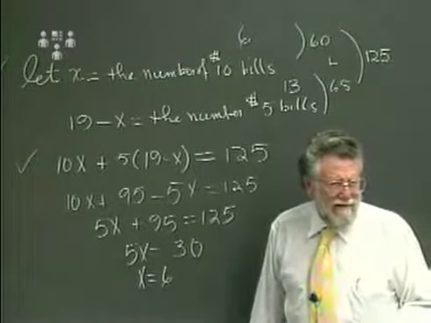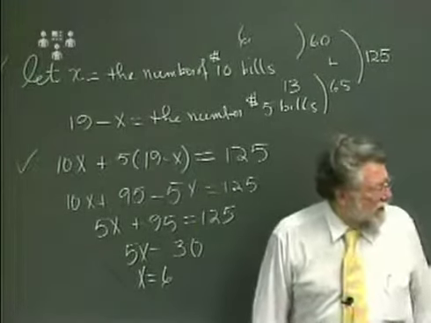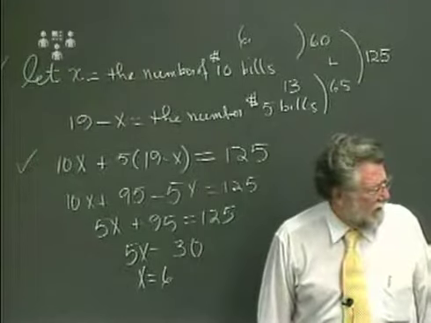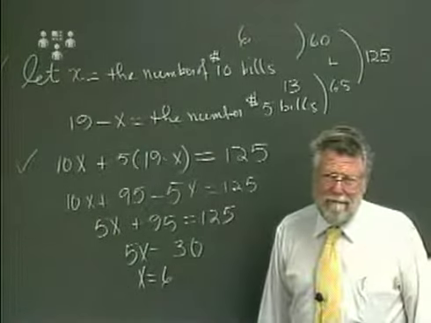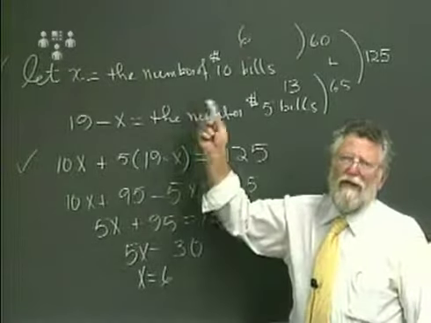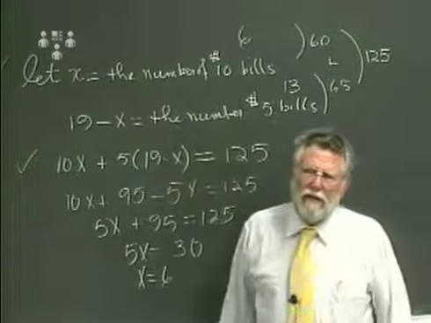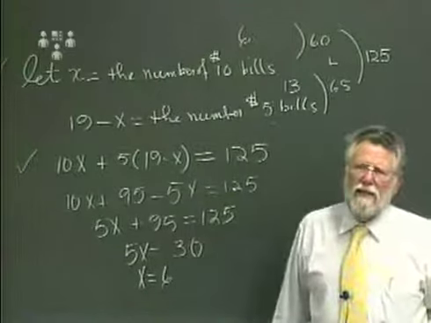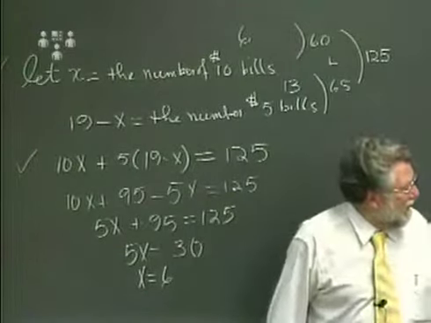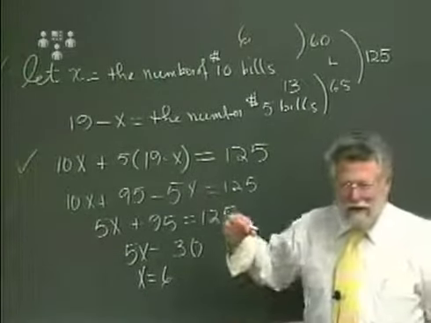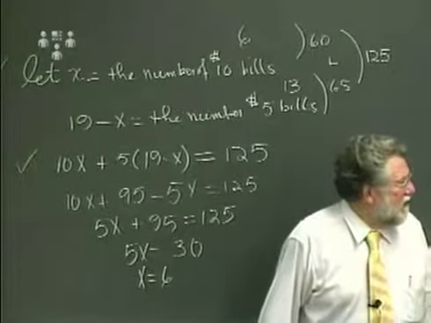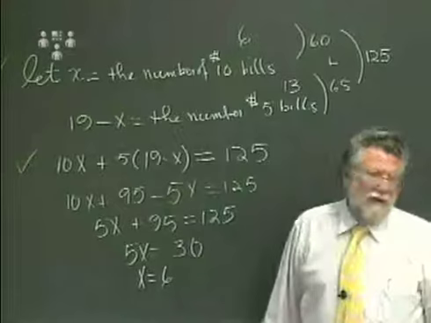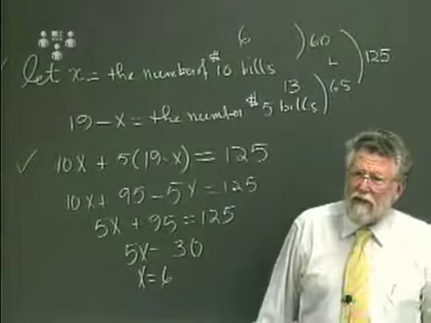Okay? Tabitha, are you happy with that solution? What if you did work with what x equals? What if you did $5? If you said x was $5 bills, then you would have had an answer of 13 when you finished. And then you take 19 minus 13, and you would have had 6 $10 bills.